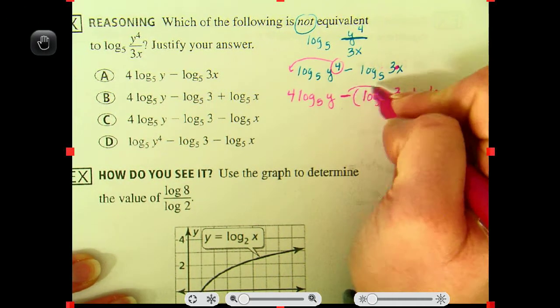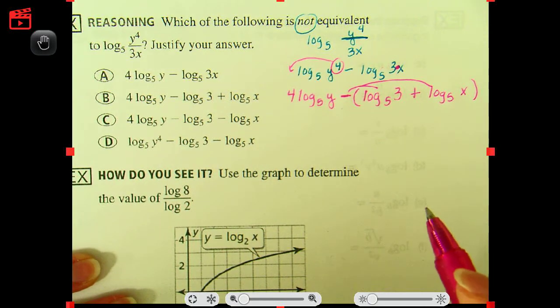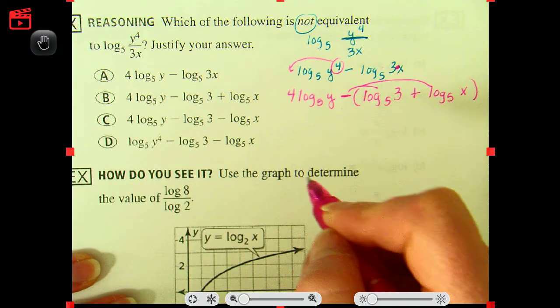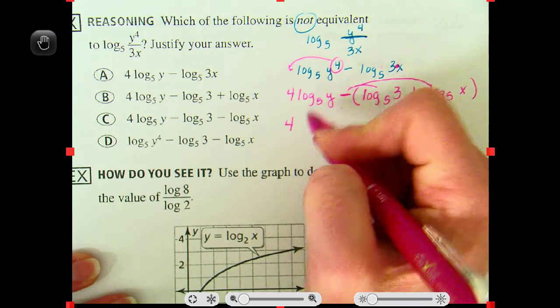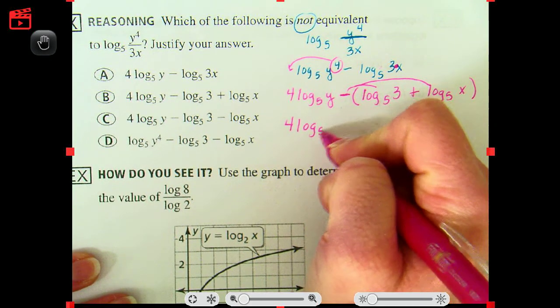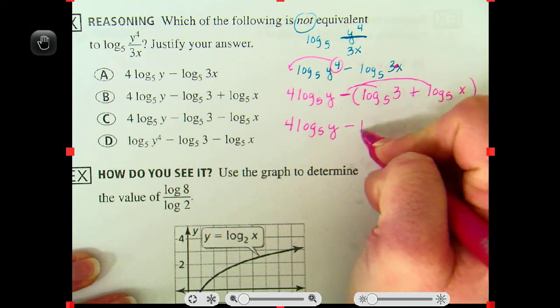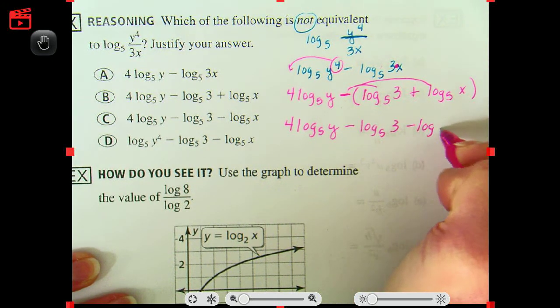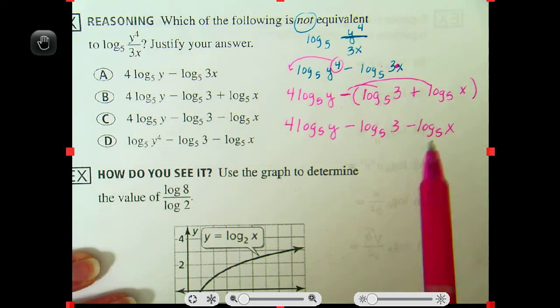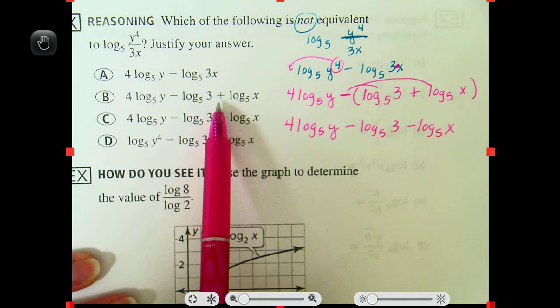So I do need to distribute that subtraction sign, and I guarantee that's probably where this error is, the one that's not equivalent. But let's just keep going for now. 4 log base 5 of y, distribute, I get minus log base 5 of 3 minus log base 5 of x. I'm just going to look for it, because look, it's right here.